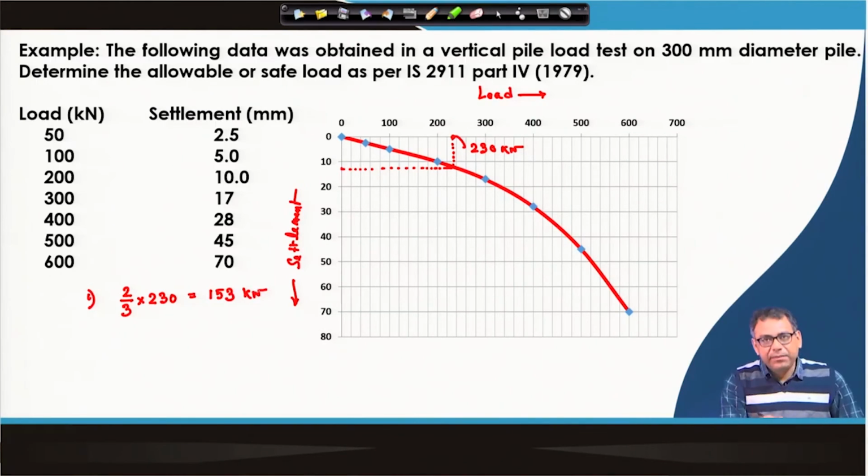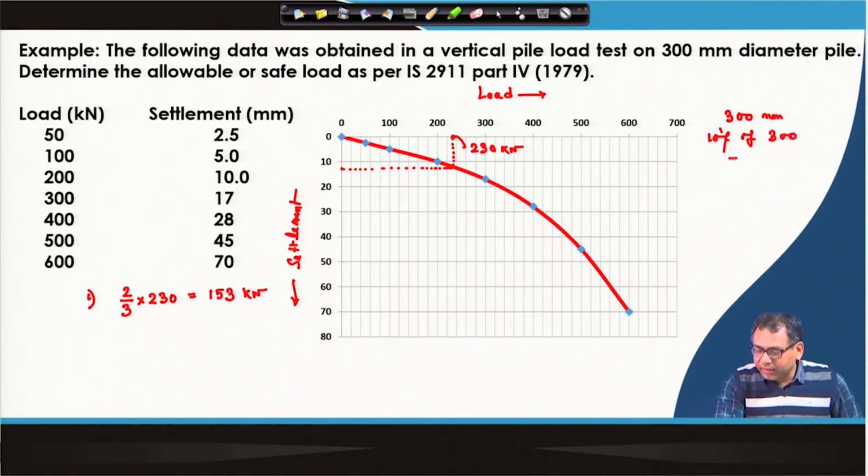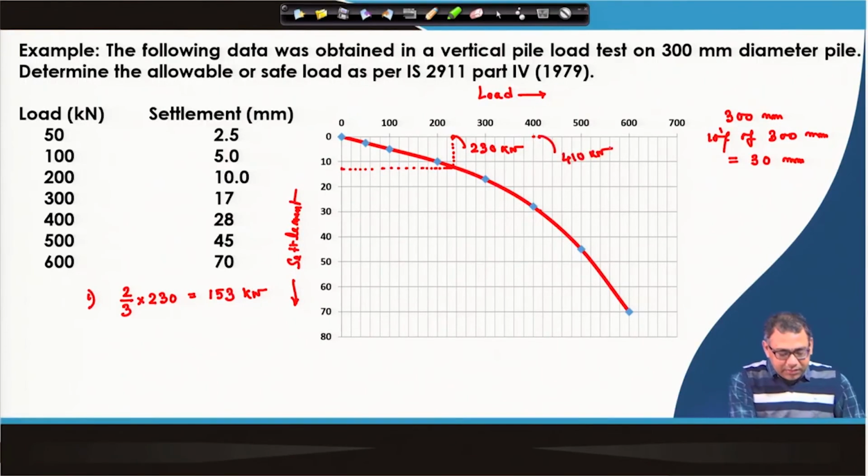Now, the second criterion is 10% of diameter, because it is a uniform pile. 10% of the diameter, where the diameter is 300 millimeter, so this is 30 millimeter. So, 30 millimeter is here, and the corresponding value is around 410.